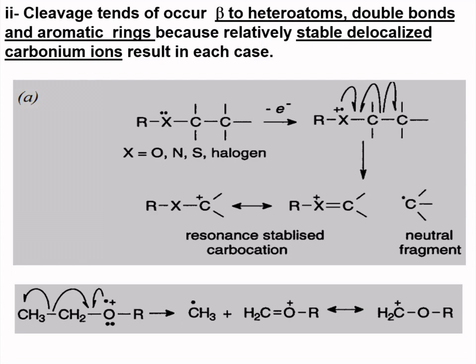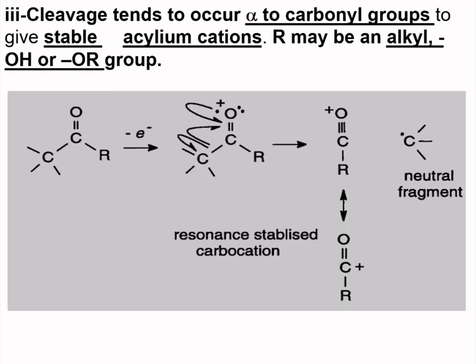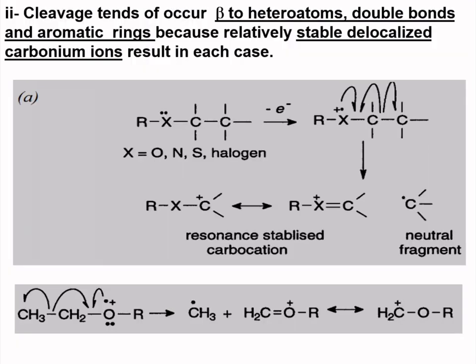The more substituted this radical is, the more this process is favored. Here we have an ether, for example. In this molecular ion, cleavage occurs beta to the heteroatom, and this ion is formed because it is stabilized by delocalization of electrons.